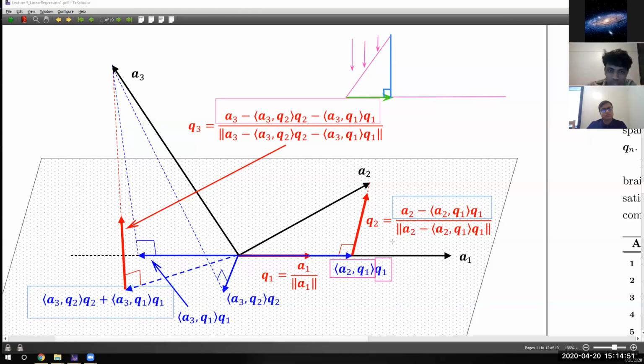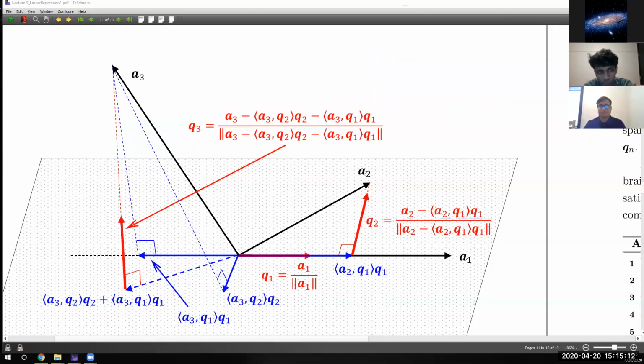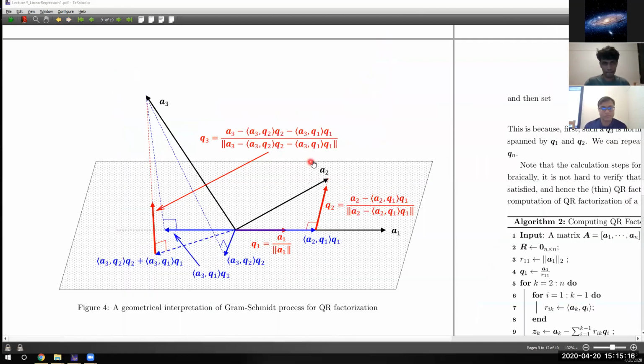See it? And again, to make it a unit vector, I divide this one by its norm, so that Q3 is perpendicular to Q2 and Q1. And meanwhile, Q3, Q2, Q1, all of them are unit vectors. Clear? That's the way I do it. I feel a geometric interpretation is better than an algebraic interpretation.